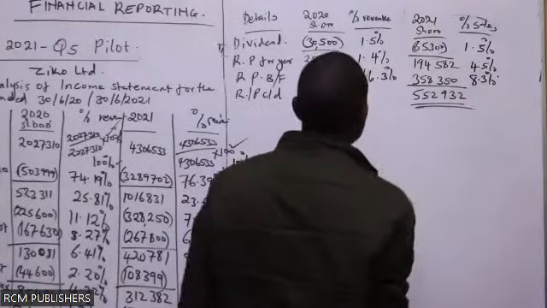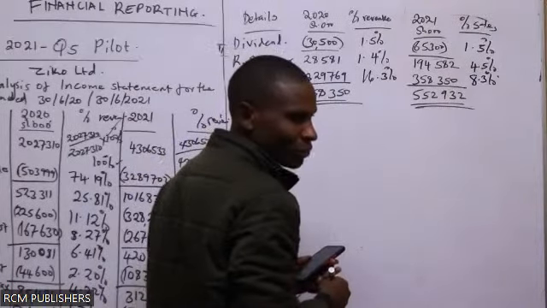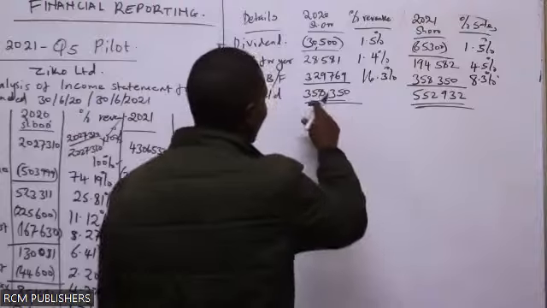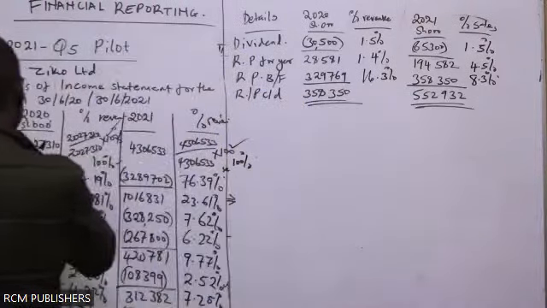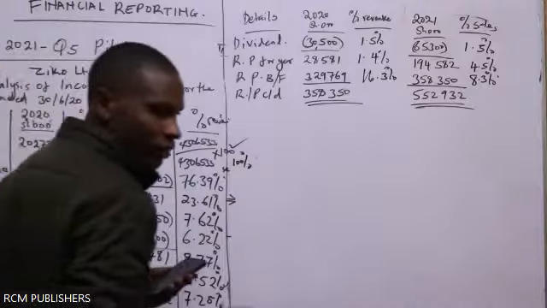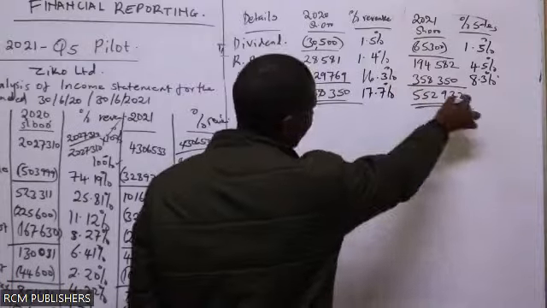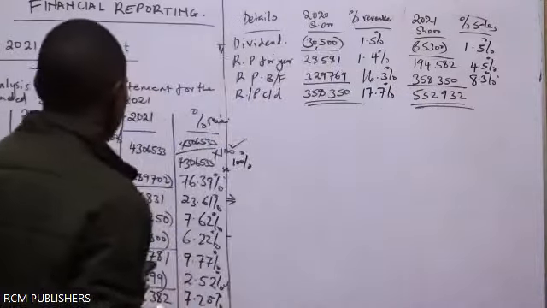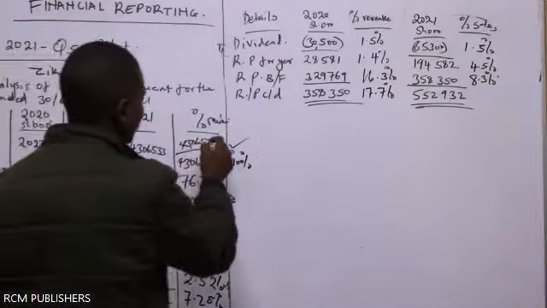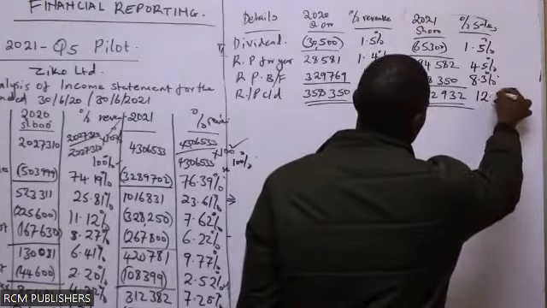8.3%. Sasa nikiangalia what about the percentage ya hapa? Tumalizie tu. 350 divided by our revenue is 27,310, then 17.7%. And then the last one, 552,932 divided by 430,6533 is 12.8%.